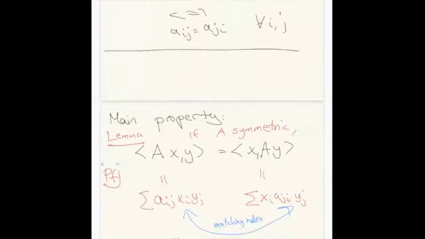And the proof is fairly simple. If you expand this sum, it becomes a double sum over i and j of Aij xj yi. And if you sum up on the other side, it becomes a double sum over i and j, but this time the components are slightly different.